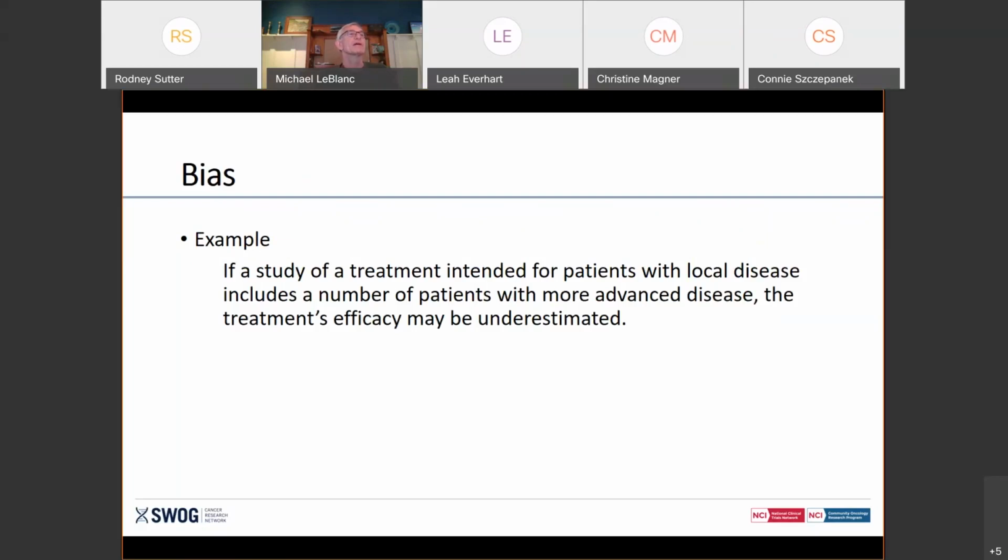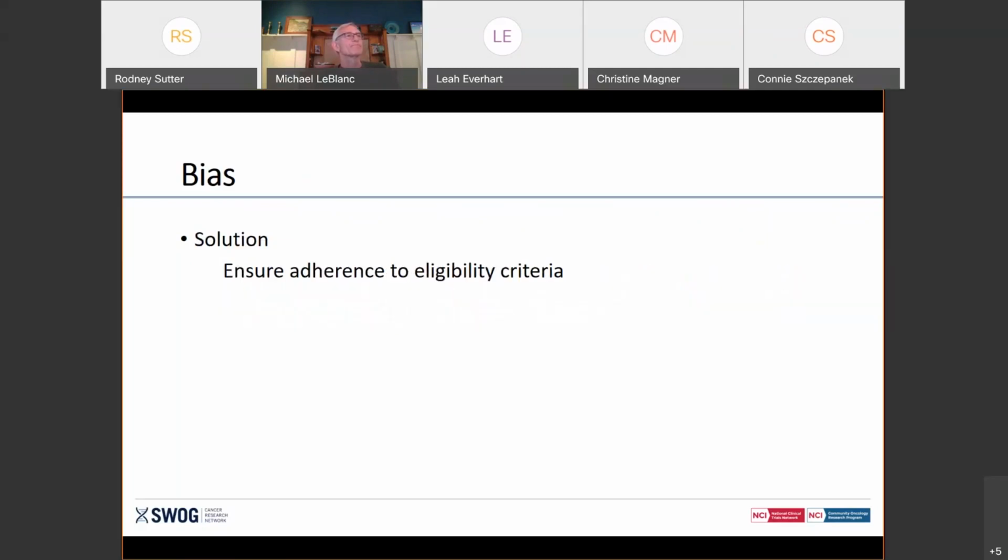In other words, if you include patients with the wrong stage of disease, no matter how many patients you put on that study, it will tend to give you the wrong estimate of treatment efficacy overall. Next slide. So the solution is a strong adherence to eligibility criteria. That is a critical aspect of bias reduction. Next slide.